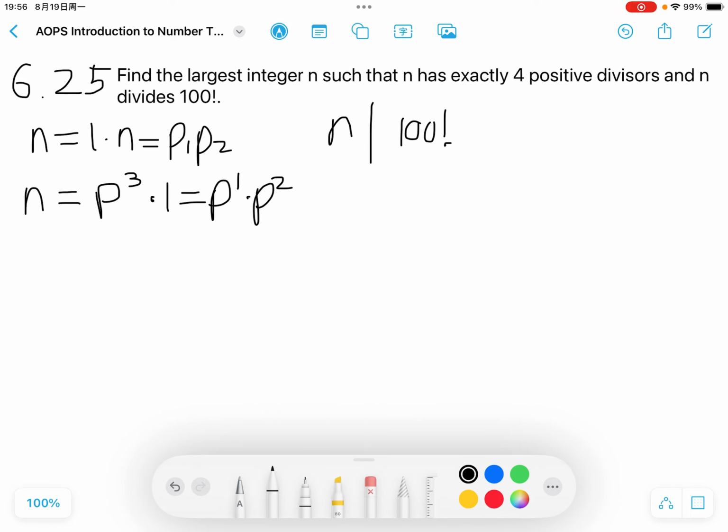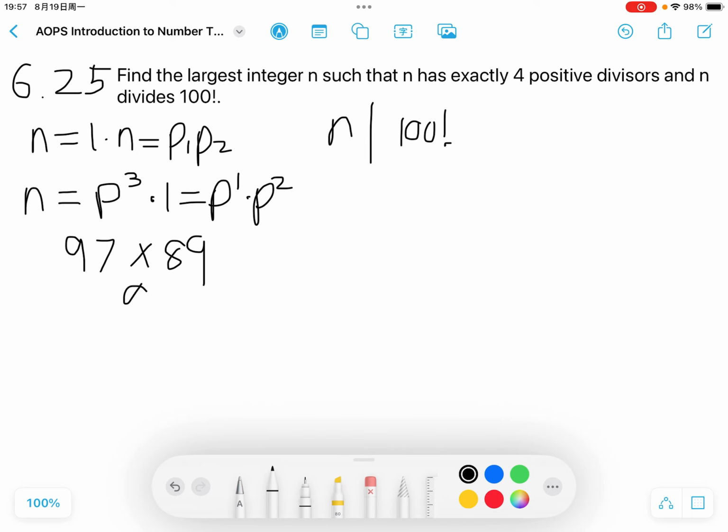The largest prime that is less than 100 is 97. The second largest prime is 89. So we need 97 times 89. And let's just do the math here.